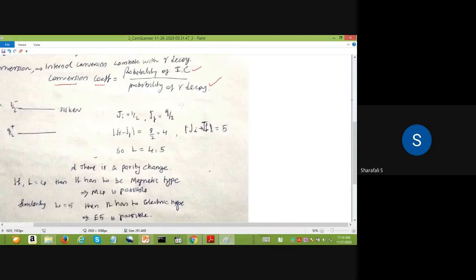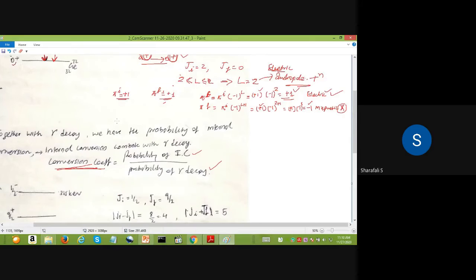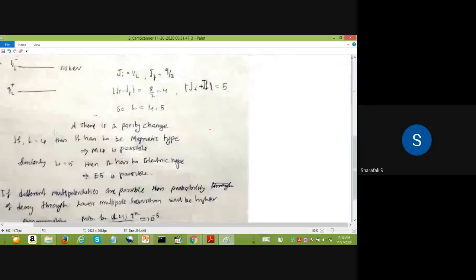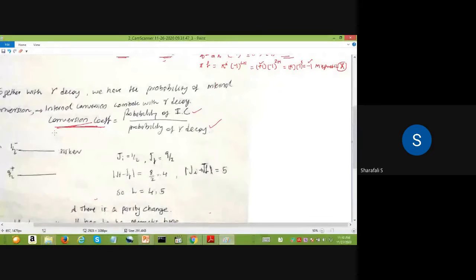So by considering this conversion coefficient, depending on its value, we can say whether the probability of internal conversion is higher or the probability of gamma decay is higher for any gamma decay process like this one. There are two possibilities, one through internal conversion or one through gamma decay. Which will dominate is given by the conversion coefficient.